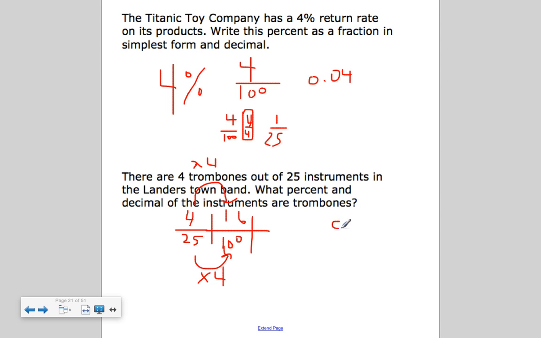How would you write that as a decimal? 16 hundredths using place value. What is the percent again? Anything per 100. So what number is above 100? 16%. So 16% is equivalent to 16 hundredths, which is equivalent to the decimal 0.16, which is equivalent to the simplified fraction of 4/25.